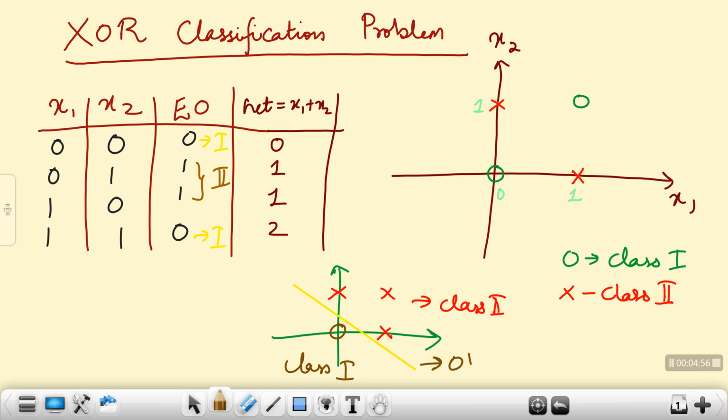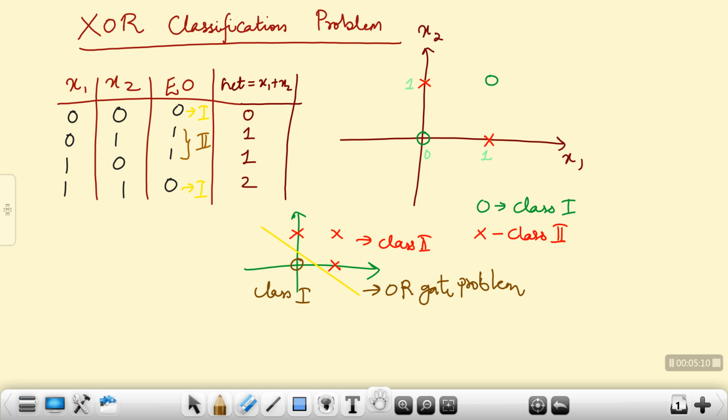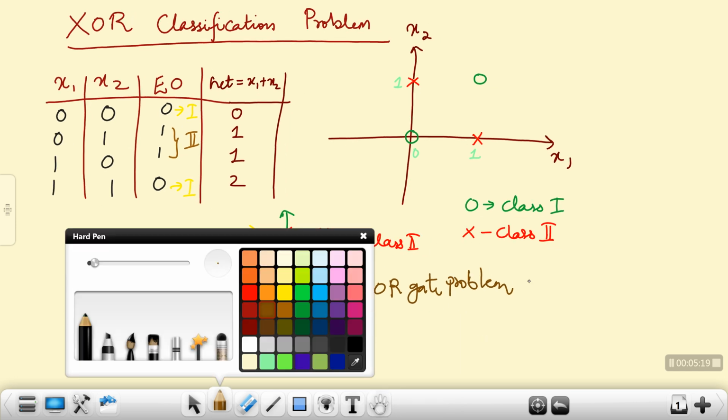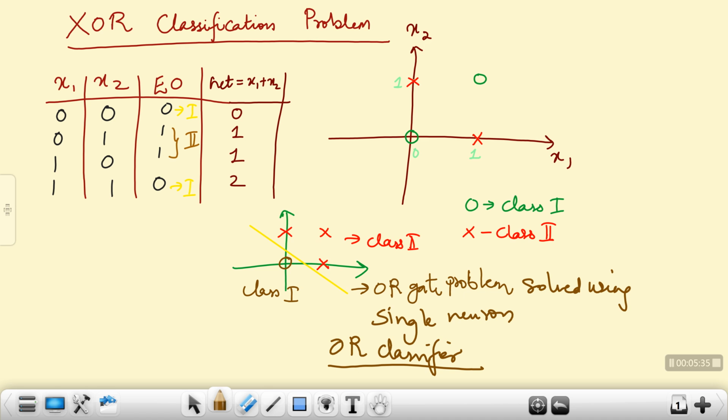So this is the OR gate. The OR gate problem can be solved by using a single neuron, or I can say that an OR classifier can be designed using a single neuron.